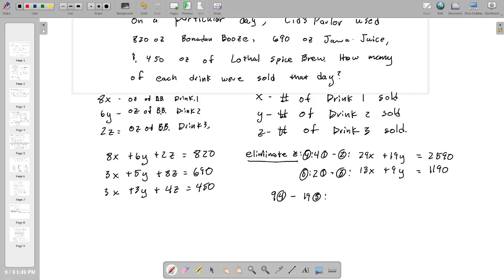This is brutal. 9 times 29 minus 19 times 13, and we get 14x. And again, 9 times 19 minus 19 times 9 will give us 0. Then 9 times 2590 minus 19 times 1190, and we get 700.